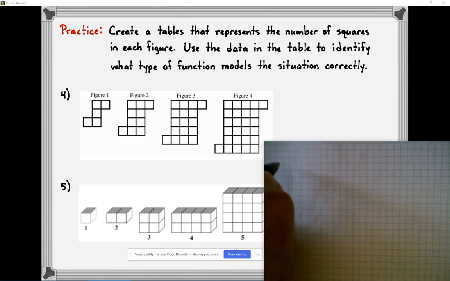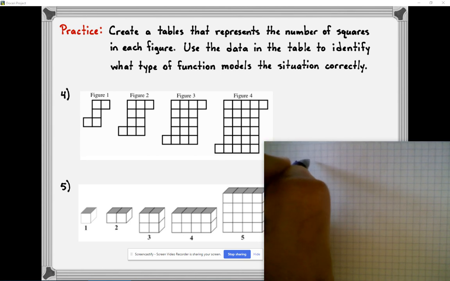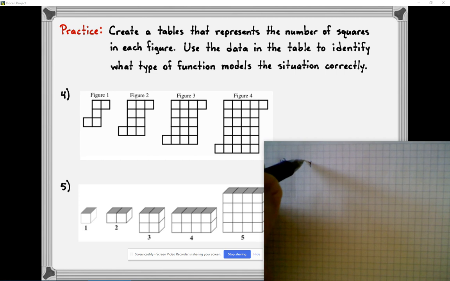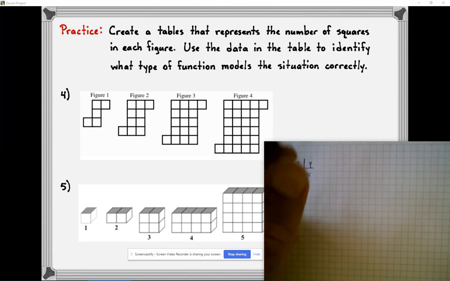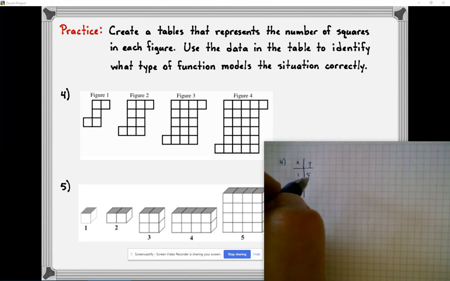All right, for number 4, if we create our table, let's go ahead and create a data table here. We have 4 steps, and in the first step, we have 5. In the second step, we're going to have to add this up.